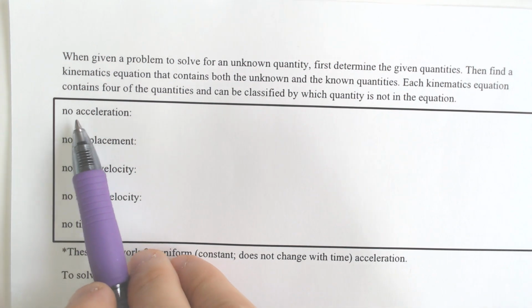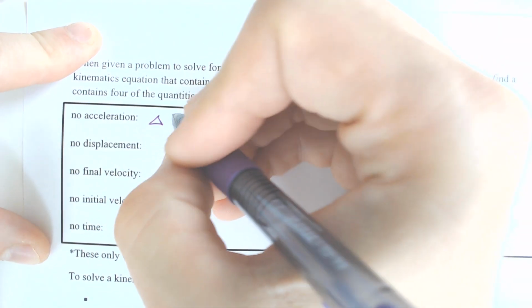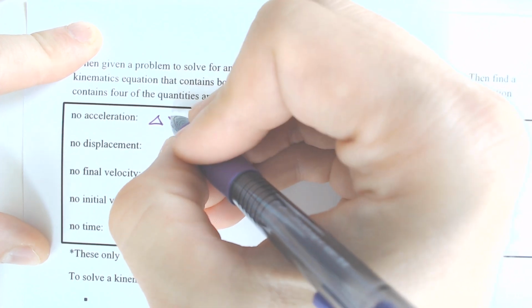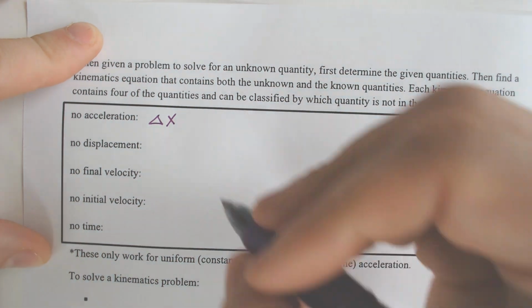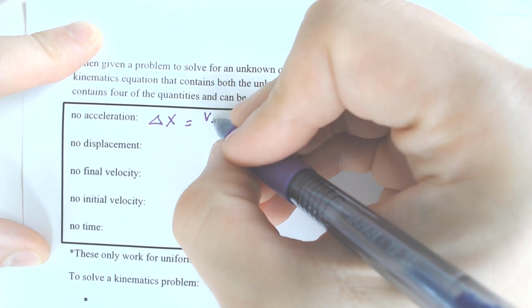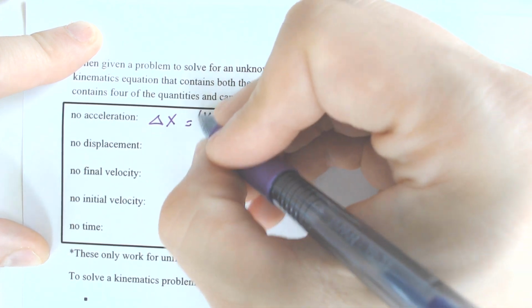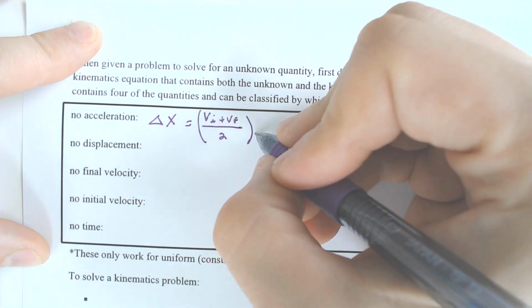So if you have no acceleration at all, that means that your change in x is equal to your Vf and your Vi added together, divided by 2, and you would multiply that by the time.